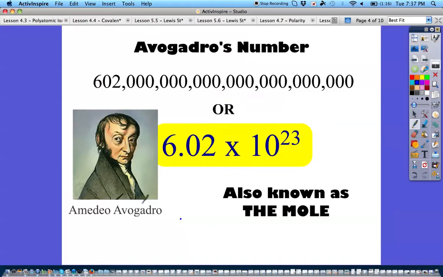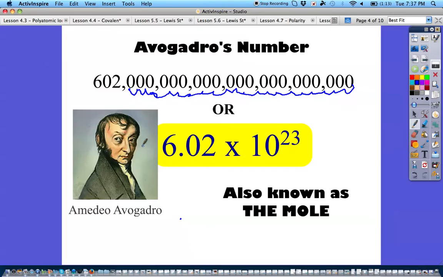Amedeo Avogadro developed this. And so in scientific notation, it is 6.02 times 10 to the 23rd. Because remember, I said there's 21 zeros, so we're moving our decimal 21 places.